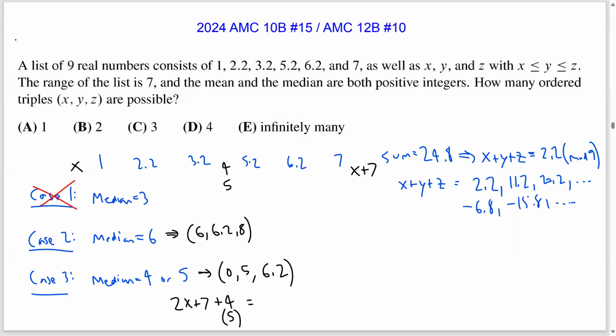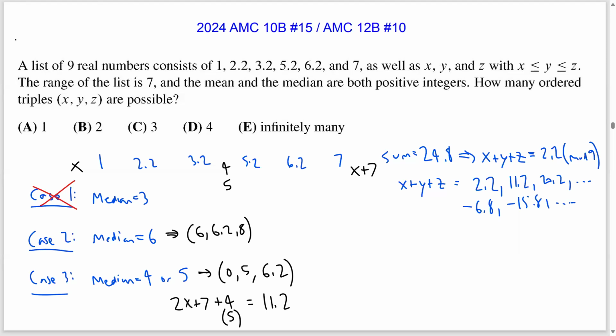We also need to keep in mind that for this case, we specifically require that x is between 0 and 1, so that x has to be less than 1, x plus 7 has to be at least 7. So we can see here that the only possibility to consider is that the sum of x and x plus 7 and 4 or 5 is going to have to equal 11.2.